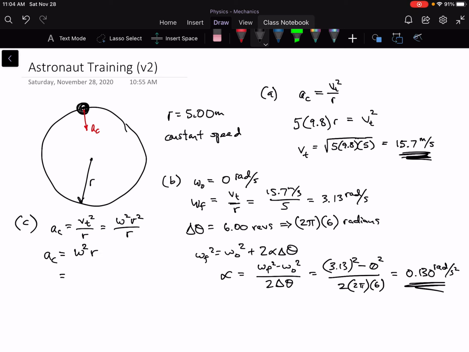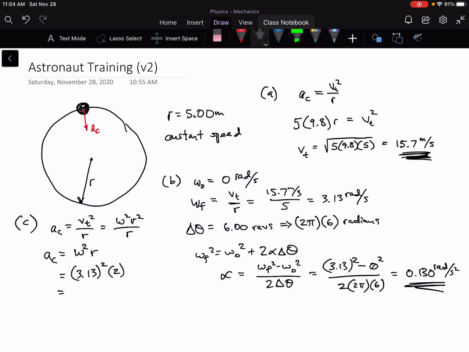And we know that the angular velocity of everything moving along this circle, because it's a rigid object, whatever he's attached to, has the same angular velocity. So we know this is 3.13 when they're up to full speed. But the radius here is considerably smaller, because the box is sitting only 2 meters away from the center of the circle.